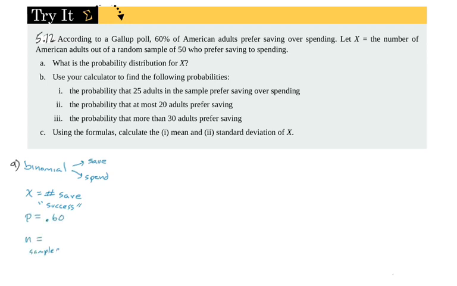That's what we're calling a success. Our probability of success shows 60% there, so that's where we're getting the 60 from. And N is going to be our sample size, and in this case, we asked 50 people. And our probability of failure, that they don't save, would be the complement of that.